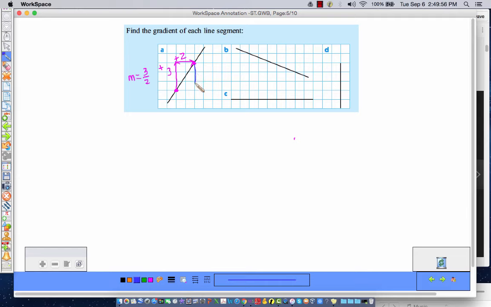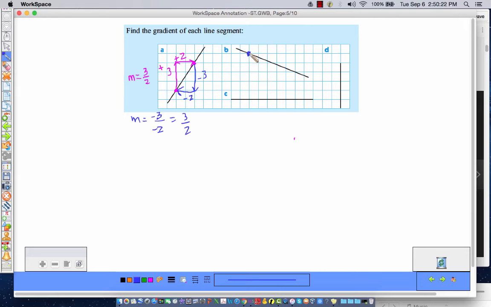I would have to go down 3, and I would consider that a step of negative 3. Down is negative. Left is also negative. Which is a step of negative 2. So in this case, m would be negative 3 over negative 2, but a negative over a negative is a positive, so that becomes 3 over 2. So either way, you will get the same answer.